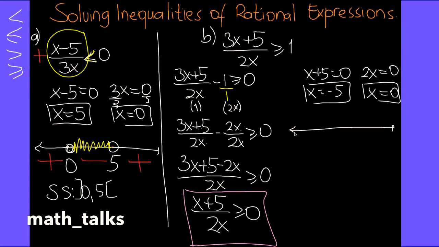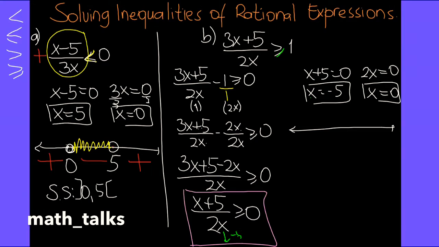Okay, let's set them on the number line. Now, the important part when you have an equal sign: after you find your exact points, you have to substitute them into your denominator. If one of them makes the denominator 0, that point will not be filled. For example, x equals negative 5: when you substitute negative 5 for x, you get negative 10.